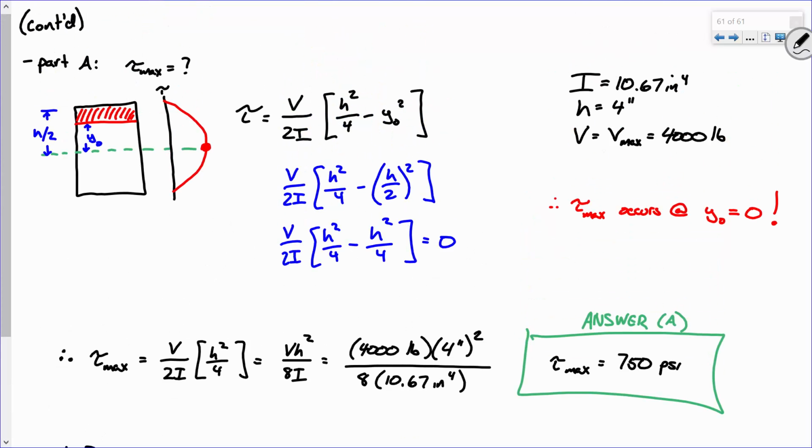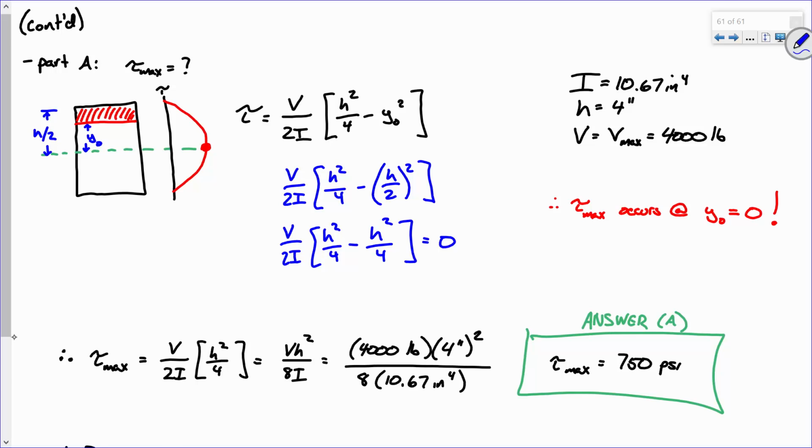How tall is this beam? 4 inches. So this h over 2, that's what? 2 inches. So if we're talking about a point 1 inch from the top, what's y naught going to be? What would you say? Inch over 4?